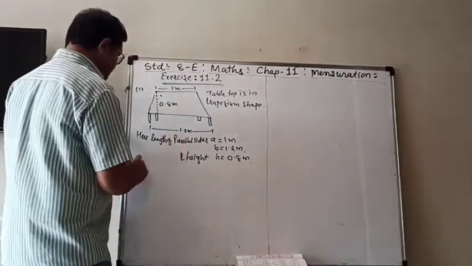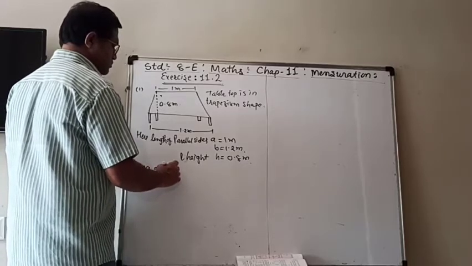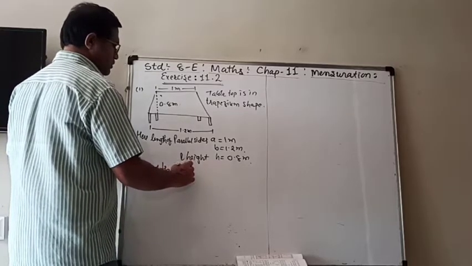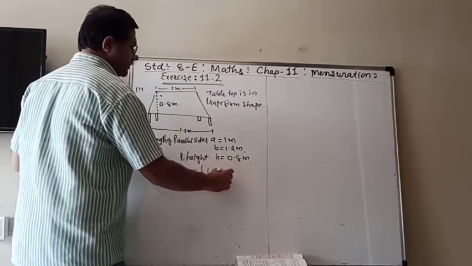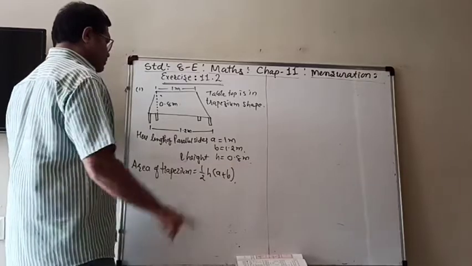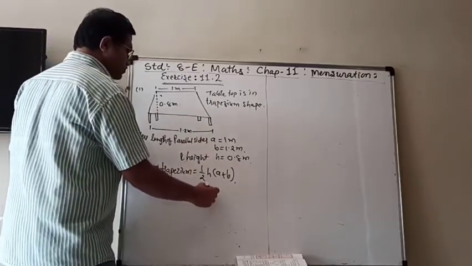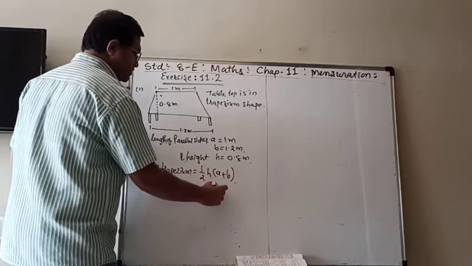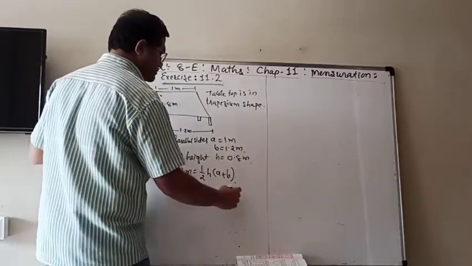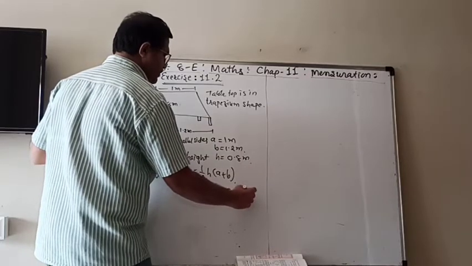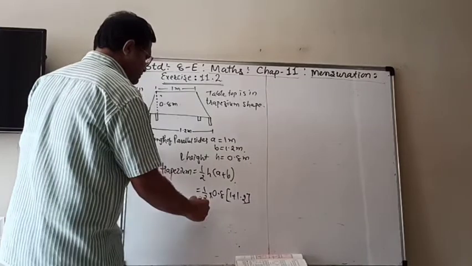So now area of trapezium is equal to half h into bracket a plus b, because a and b are the parallel sides. So it is half into 0.8 into bracket a plus b, which means 1 plus 1.2. First we will do the addition in the bracket.